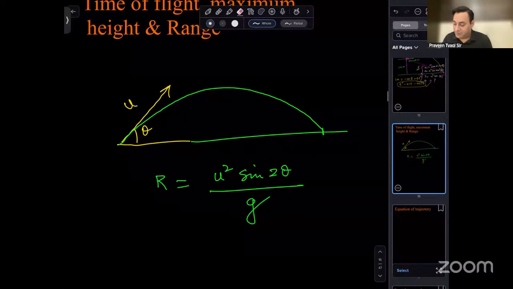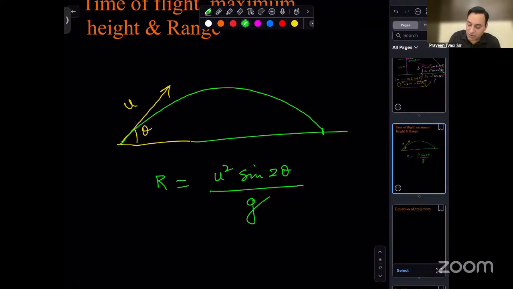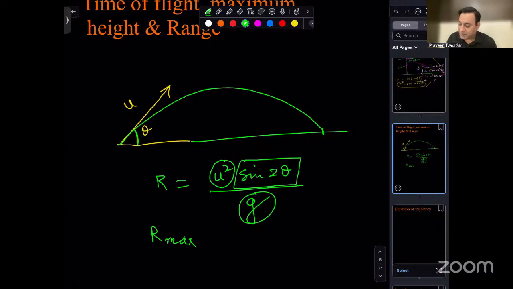Now, I want to find what is the maximum value of range for any given theta. So at what angle should I throw a stone or a shot put or a javelin or anything so that I get maximum range? So for R to be maximum, because u is fixed, initial speed, and g is a constant, if sine 2 theta is maximum, then we'll get maximum value of range.